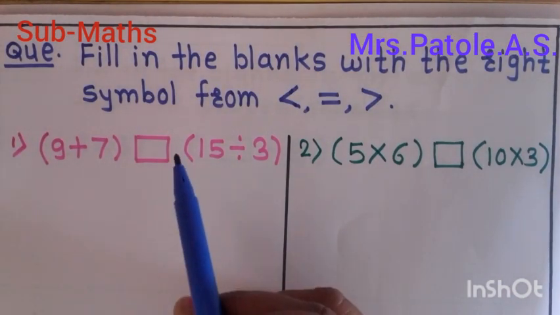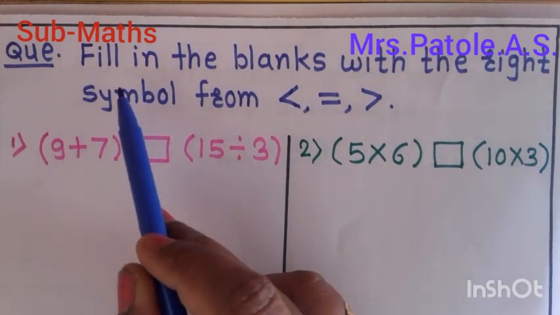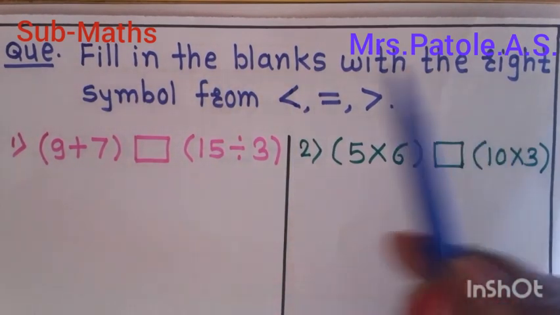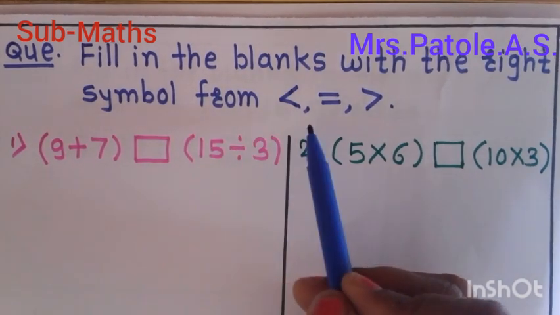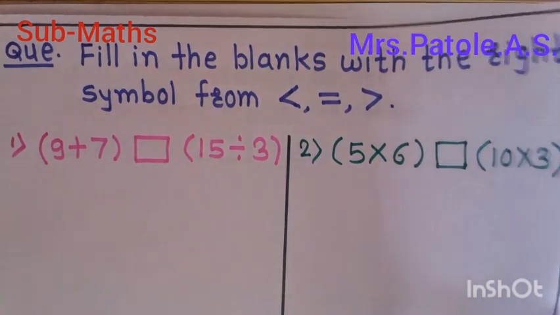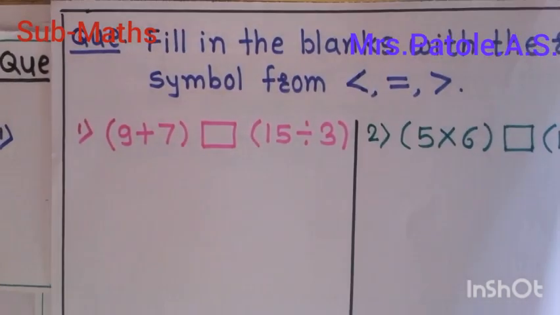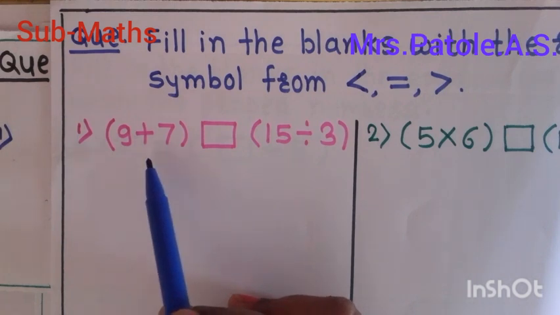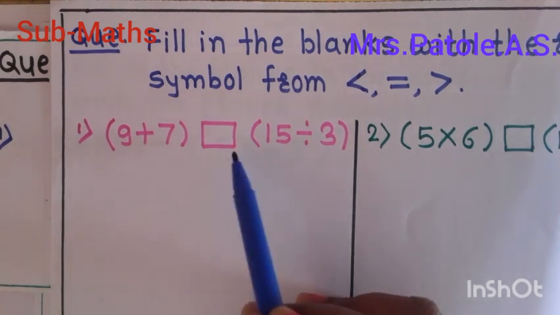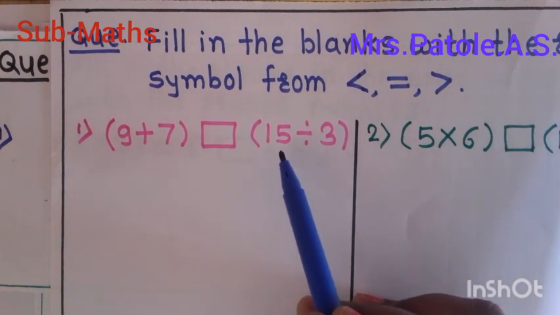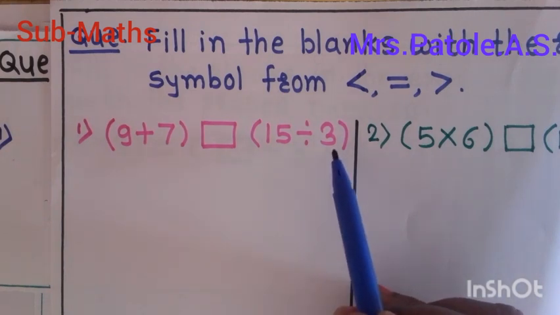Here a question is given to us: fill in the blanks with the right symbol from less than, equal or greater than. Here the first example is given to us. The first example is 9 plus 7, an empty box, and the second expression is 15 divided by 3.